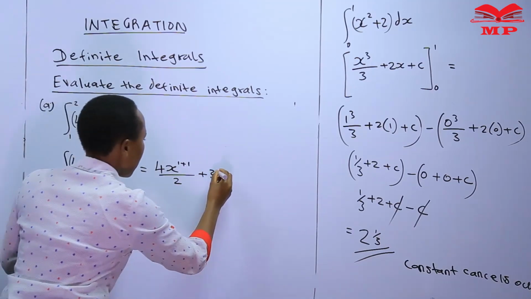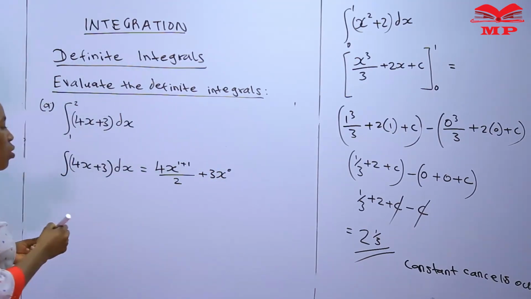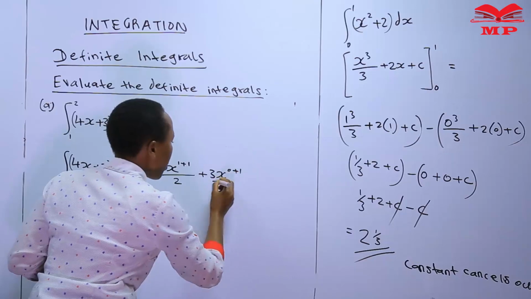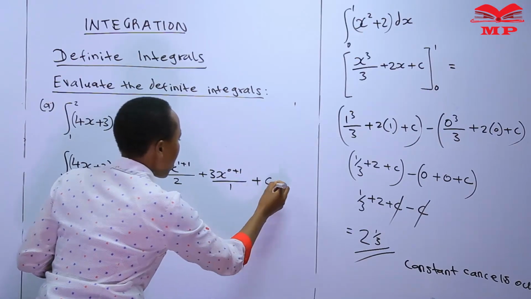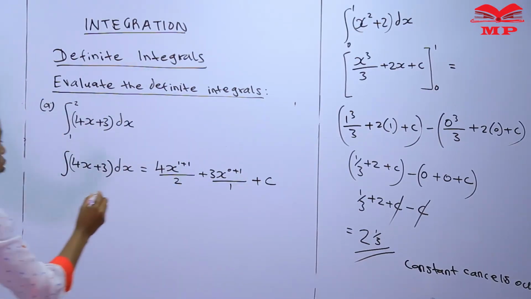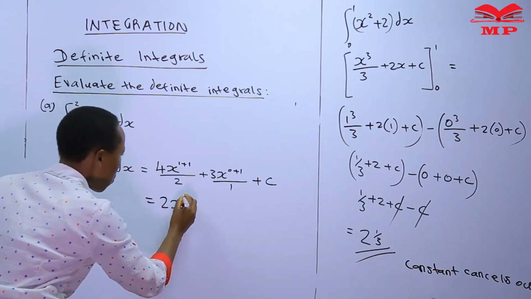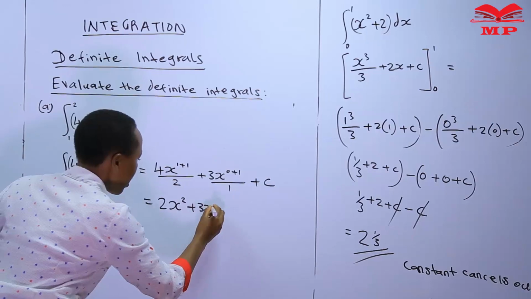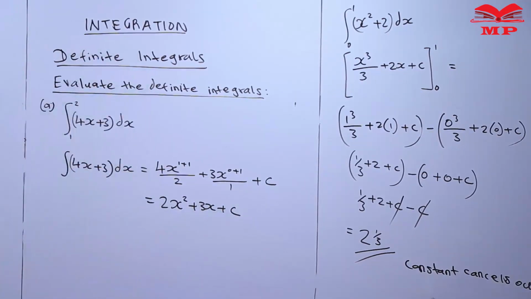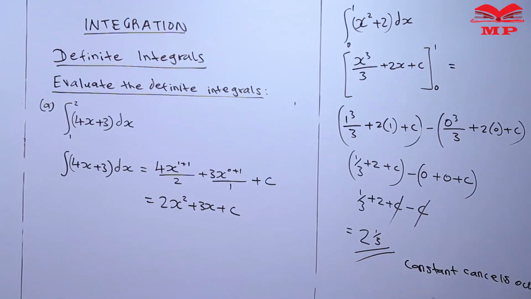Then plus 3. In our case here, x is raised to power 0. So we add 1. Then we divide by the new power. Then we have plus c. So in this case, we are going to have 4 divided by 2. That is 2x squared. Then plus 3x plus c. So that is what we get after integrating.